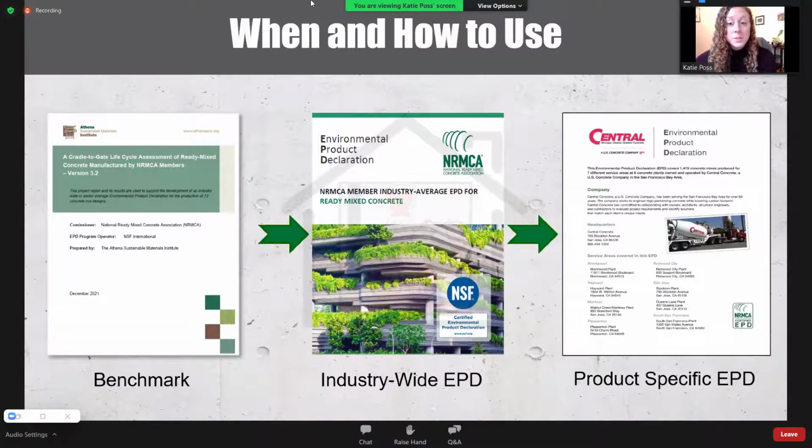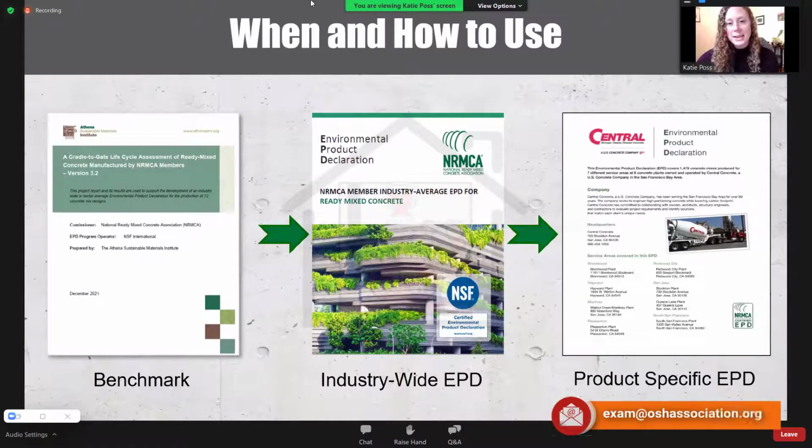Each mix performs a specific function, therefore each mix of concrete is a specific product. And as Matthew explained earlier, we have created benchmarks in all regions of the United States so that our producers and specifiers and project stakeholders can better understand reduction goals that are regionally specific and feasible in a given location.